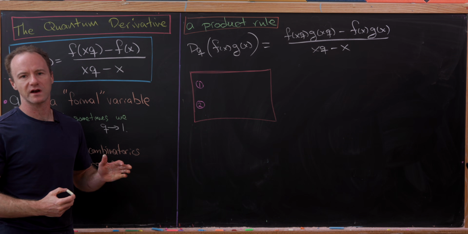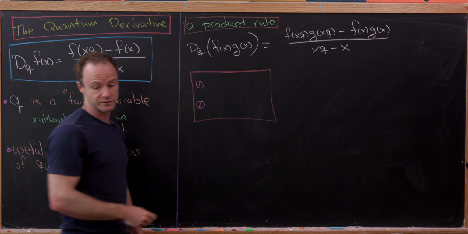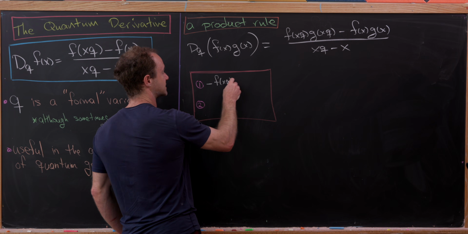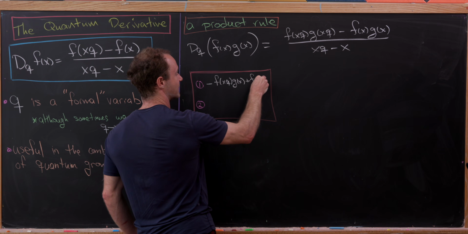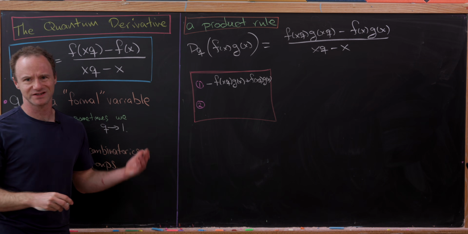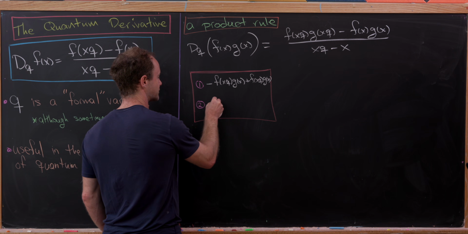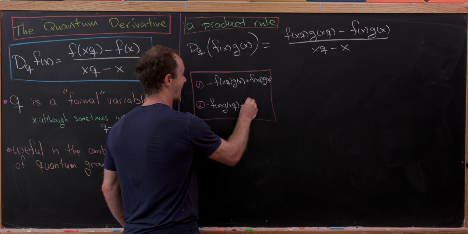So we'll only do one of them, but you can check the other one as well. So what we will use is subtracting f of xq times g of x and then adding it back in. So plus f of xq times g of x. Of course, that's just like adding 0. The other choice would be to subtract f of x times g of xq and then add that back in.